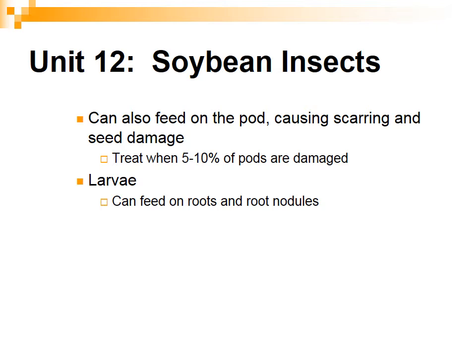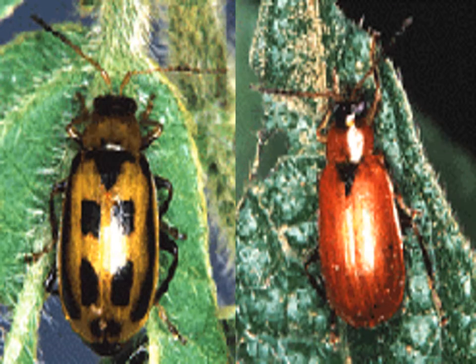So once you hit about 5 to 10% of pod damage due to bean leaf beetles, it's probably worth it with an insecticide application to kill them. Larvae of the bean leaf beetle feed on roots and root nodules, so there's maybe a bigger challenge yet to get out and look for in your fields.